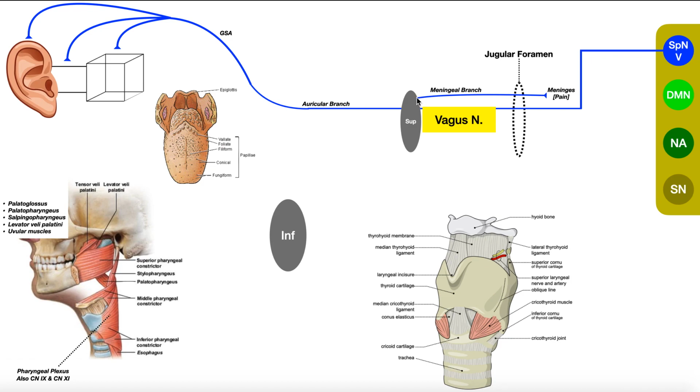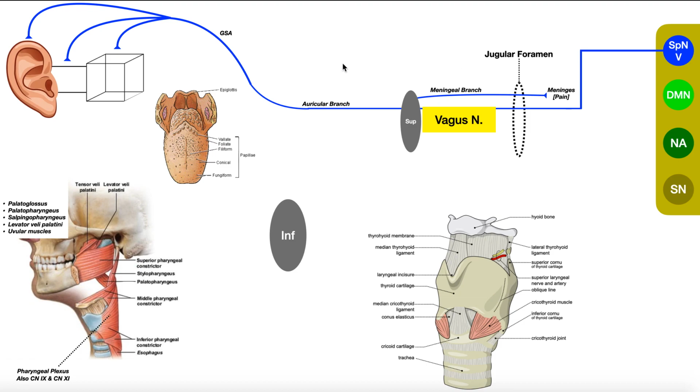Well, from there, they actually loop back, and they go back through the jugular foramen into the cranial cavity, and then come back up to the spinal nucleus of the trigeminal nerve. So that meningeal branch is actually a little bit weird, because it's sensing something within the cranial cavity. It then leaves the cranium, loops around, and then comes back into the cranium. And that's the only one here that does anything like that.